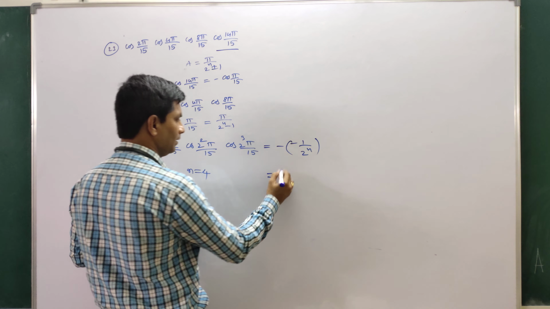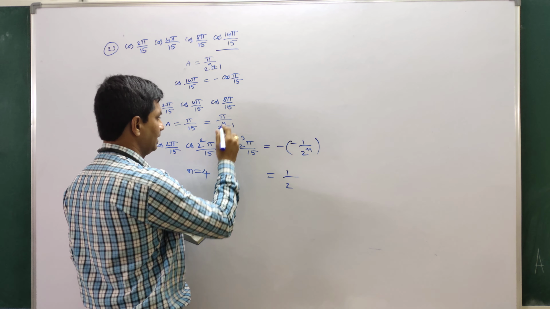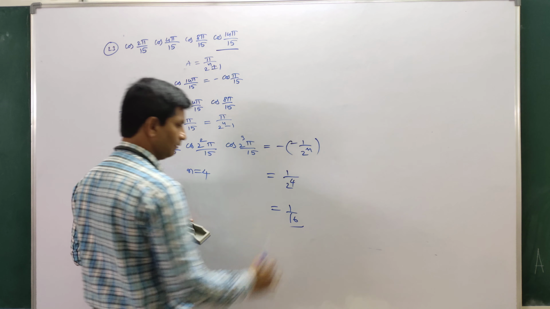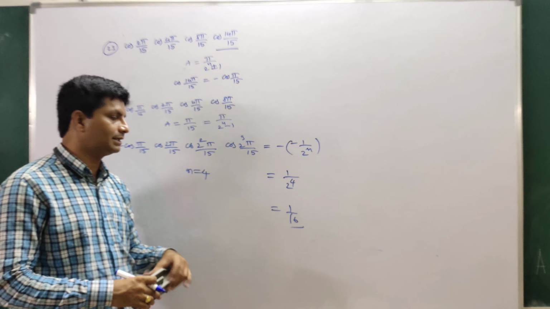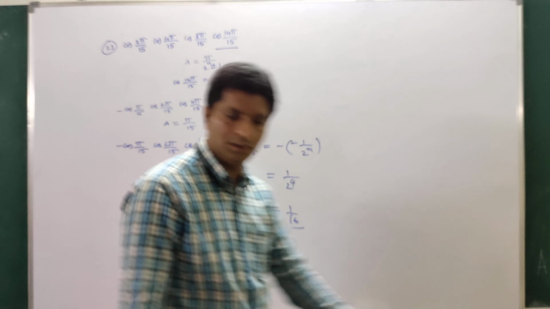So this is minus times plus 1 by 2 power 4, which is 1 by 16. So this is the way. Problem number 23 is done.